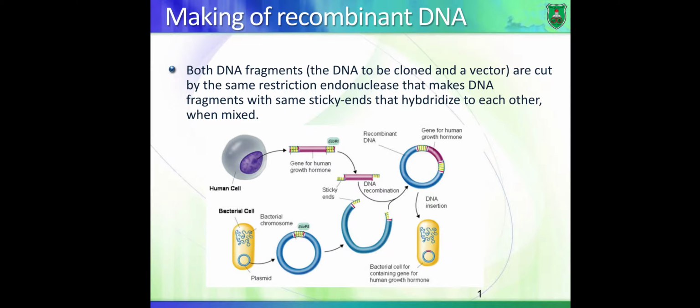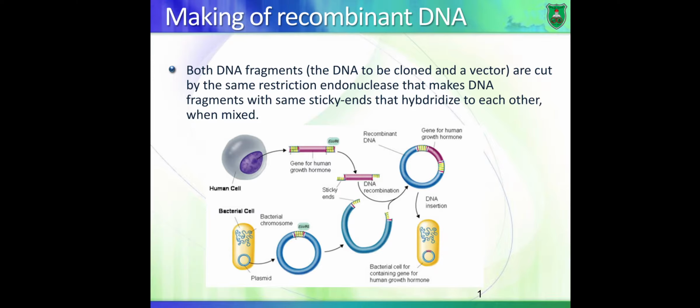So we take this cDNA and we cut it with a restriction enzyme like ECOR1, for example. We also take a plasmid from bacteria, and we can purchase this plasmid from companies, by the way, and we open up the plasmid using the same restriction endonuclease, like ECOR1.